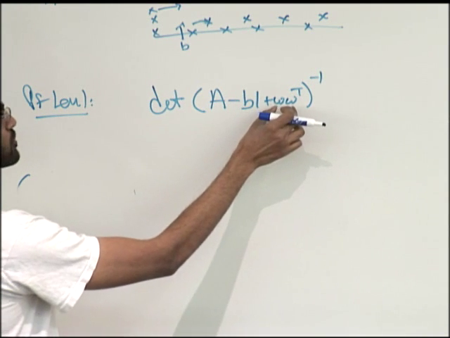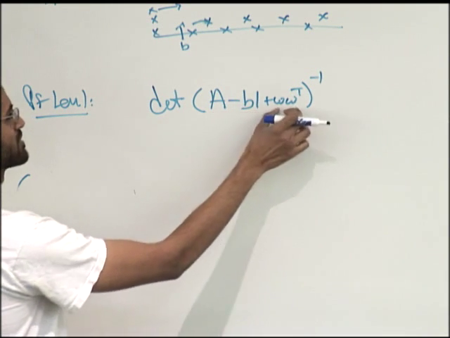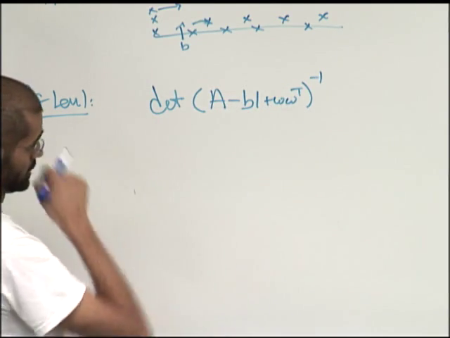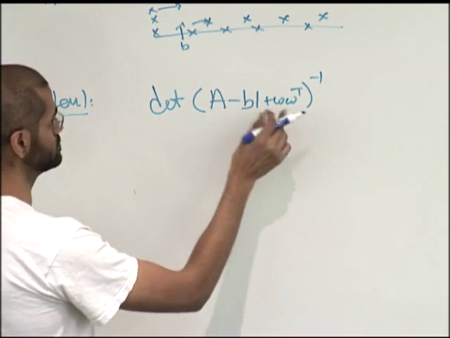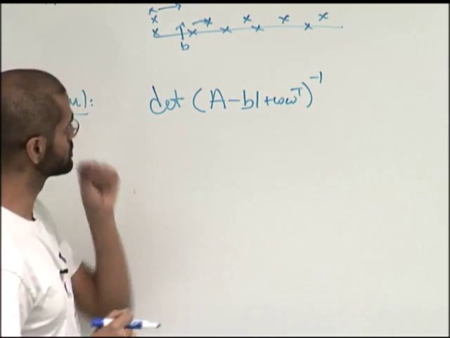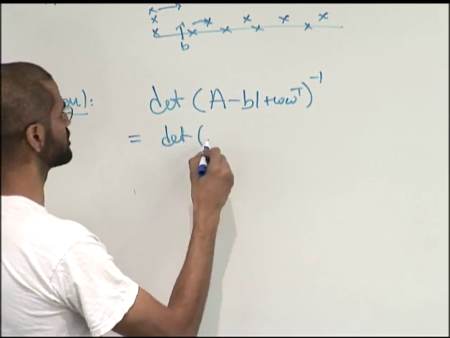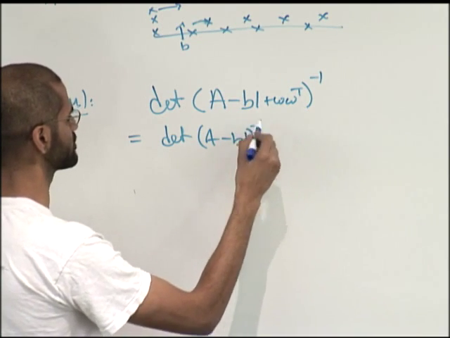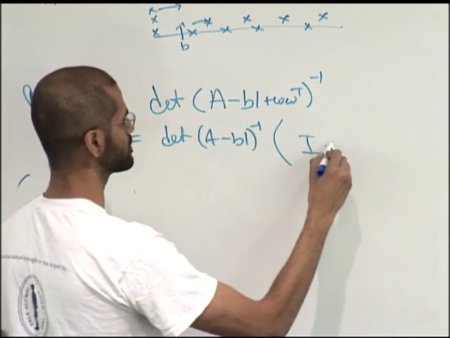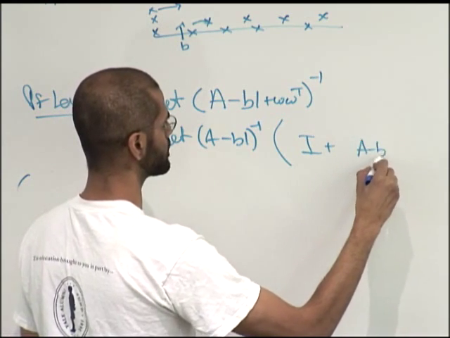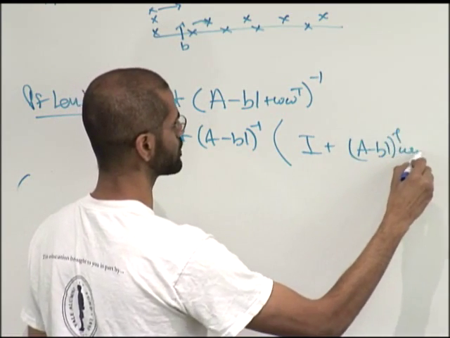Assuming this doesn't add an eigenvalue at exactly B, this is also non-singular. This is equal to the determinant of A minus BI times the identity plus (A minus BI) inverse WW transpose.